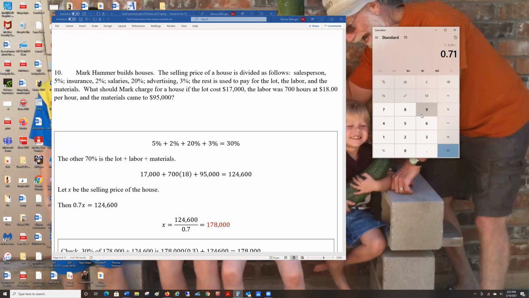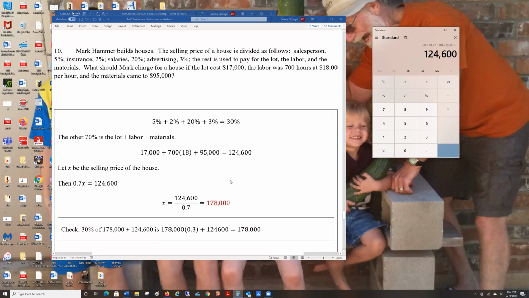I recommend if you have a non-scientific calculator, you do 700 times 18 first, and then you can add 17,000, and then you can add 95,000, and you get $124,600.